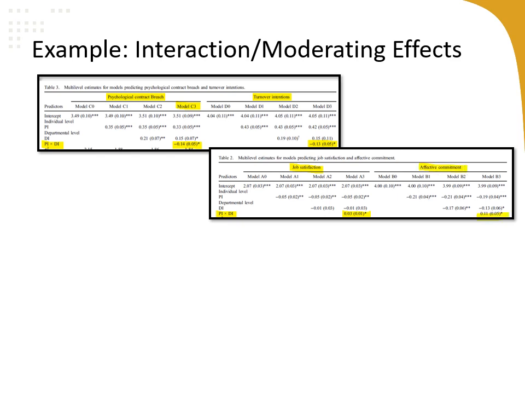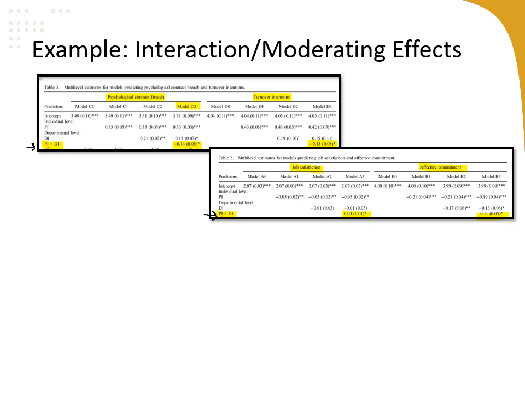Whenever you see interaction effects, typically it'll be notated as something X something else, like this. So personal impact by departmental impact. If we look here, we can see, based on the stars, which tell us significant findings, that for all of these, the relationship between personal impact and all the outcomes depends on the departmental impact.